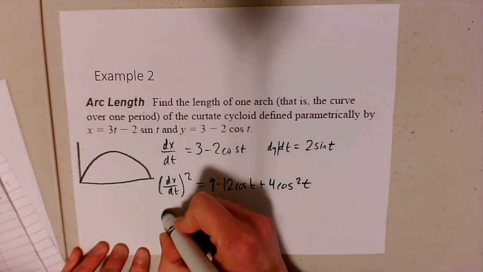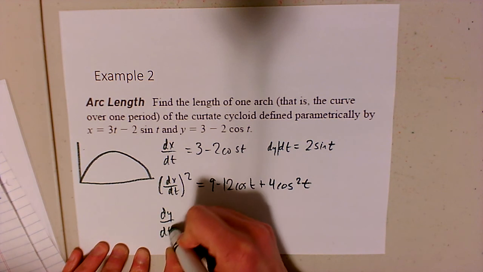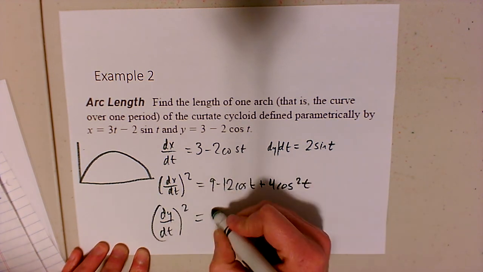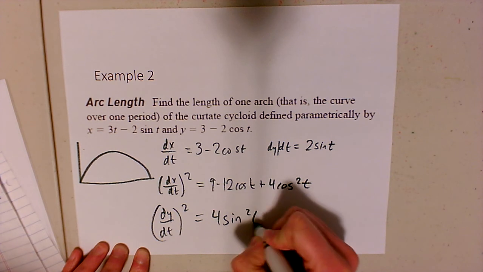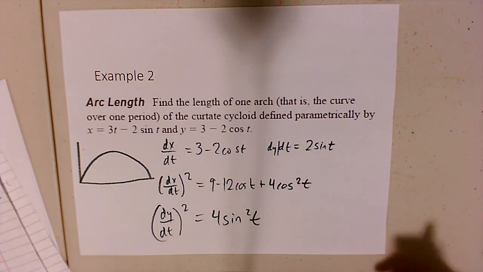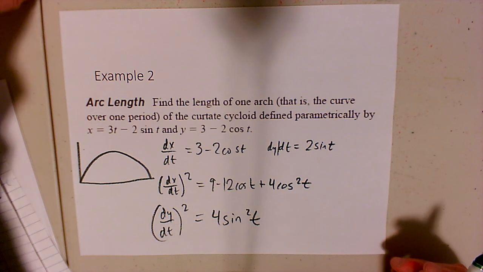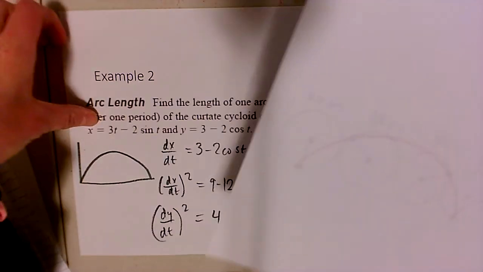So then our dy dt, the whole thing squared, is going to be 4 sine squared t.